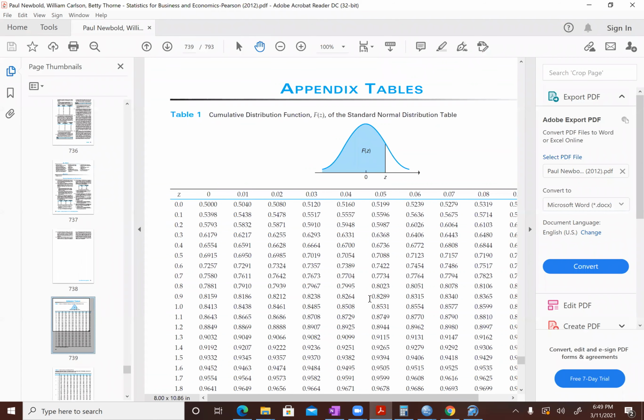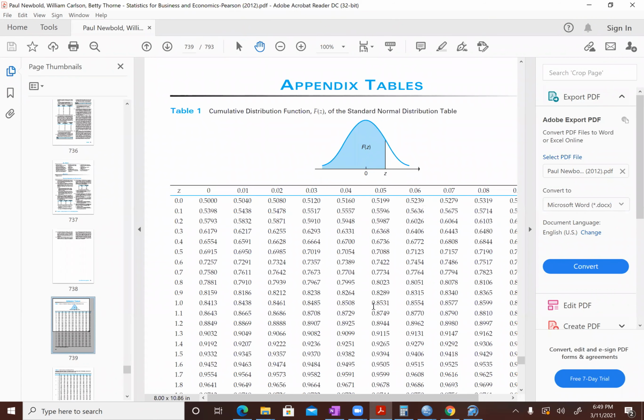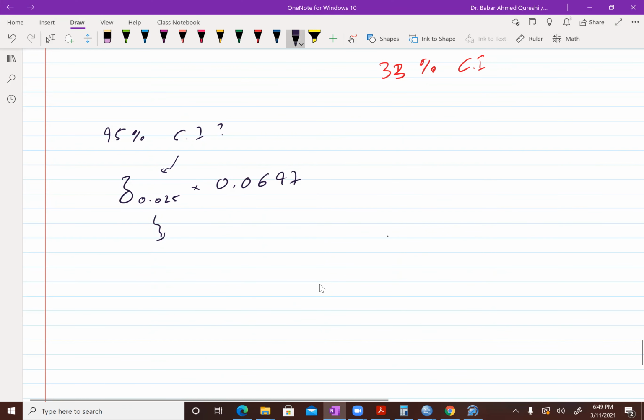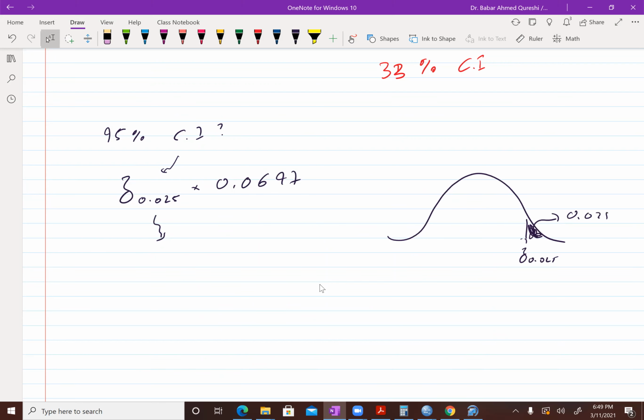And if this I look up, so I need 0.025, but the way it's defined, I have to look for 0.975. We have done it so many times. This critical value is so that this is 0.025, but in my table, I'm looking at these numbers. So that number will be 0.975.